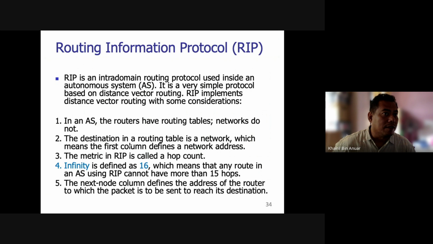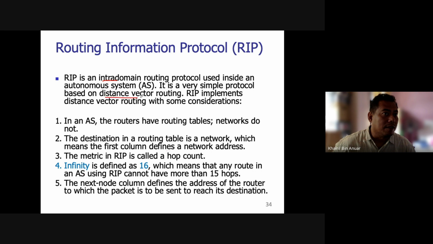Then the other routing protocol that we already used beforehand is called the Routing Information Protocol, RIP for short. RIP is an intra-domain protocol used in the AS, and it's a very simple protocol based on distance vector routing.